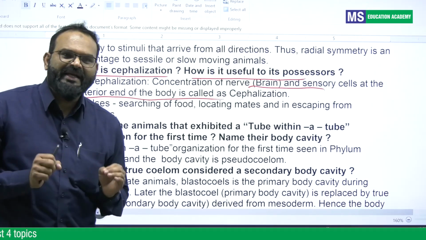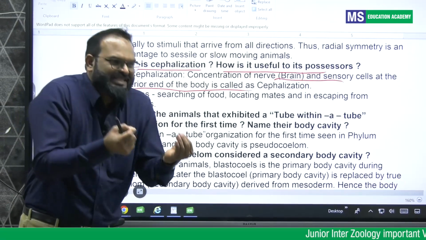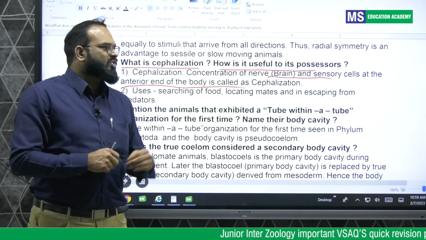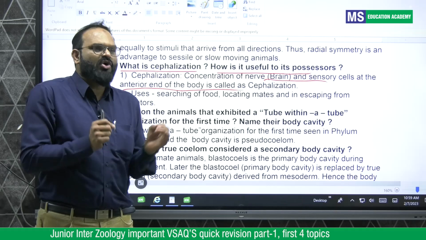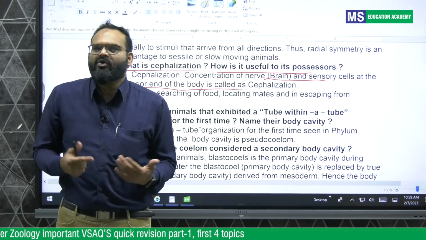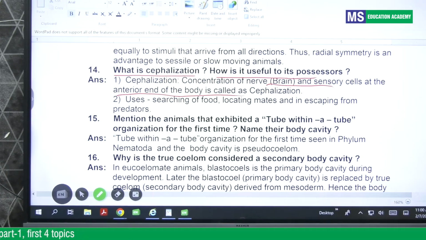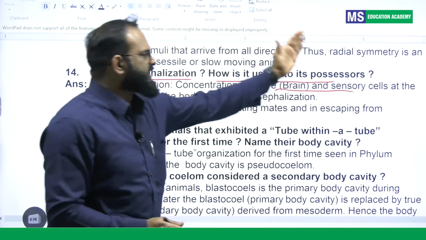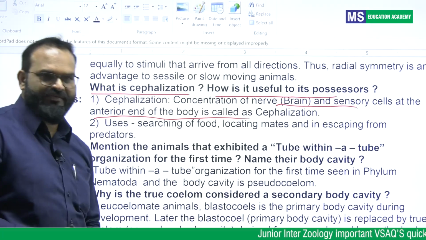Students, cephalic region means head. Formation of a distinct head with concentration of all sense organs is called cephalization. That is its explanation. So in the exam also you can write very easily, students: concentration of brain and sense organs at the anterior end of the body is called cephalization.